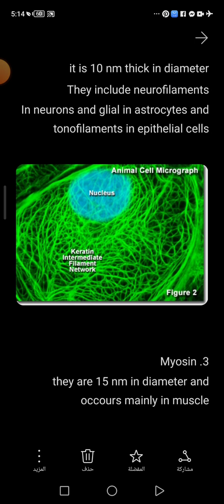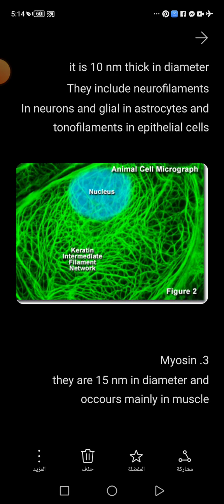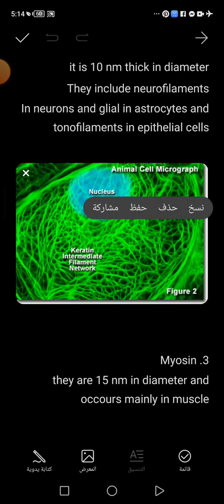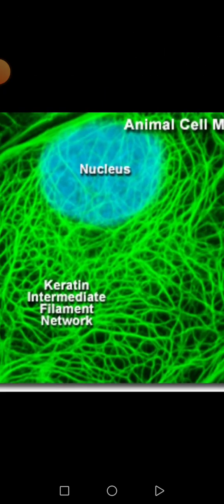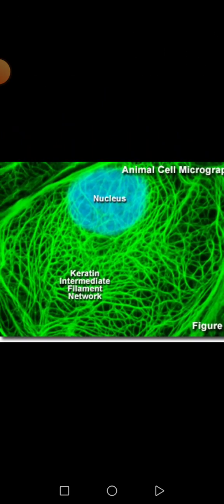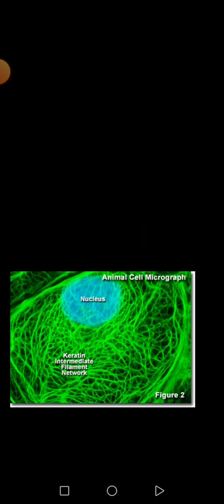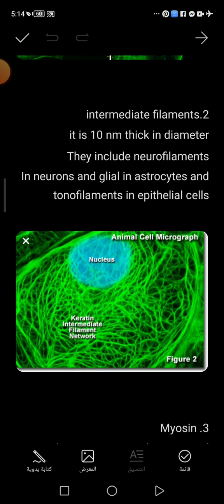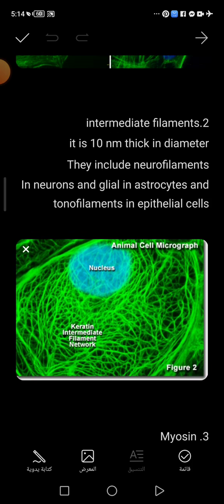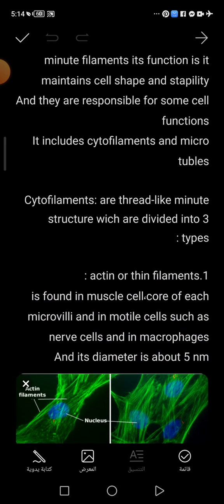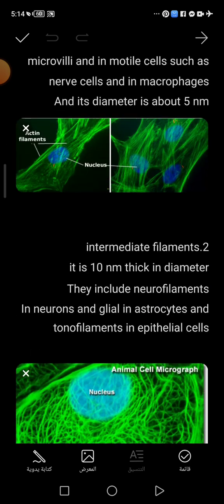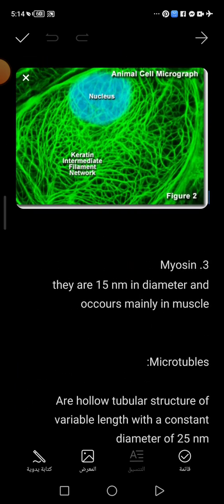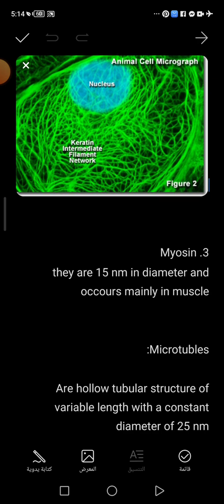Here is the keratin intermediate filament network. This is the nucleus, and those are the filaments. An important note that I didn't write here: intermediate and thin filaments or actin mostly come together in the same cell.